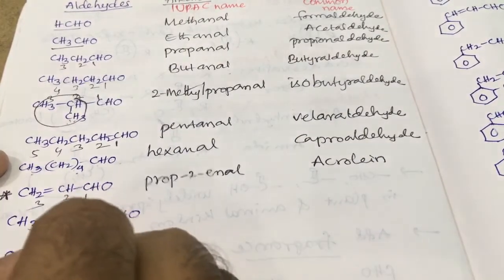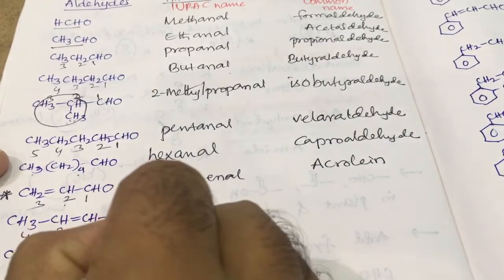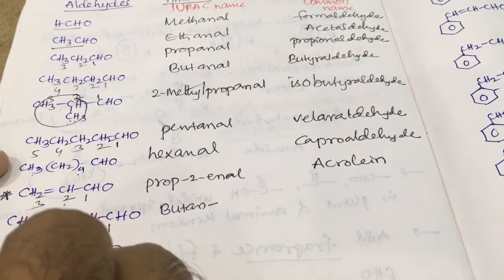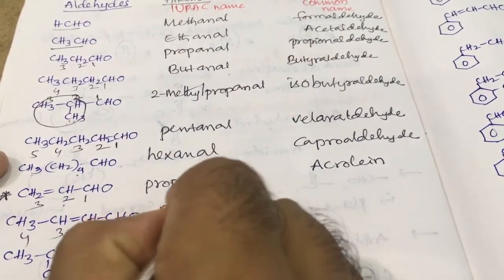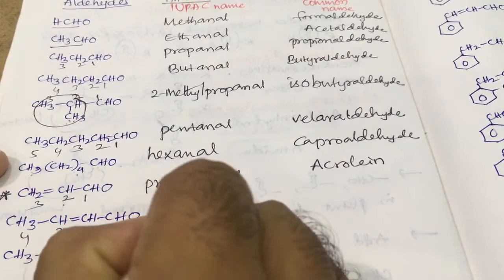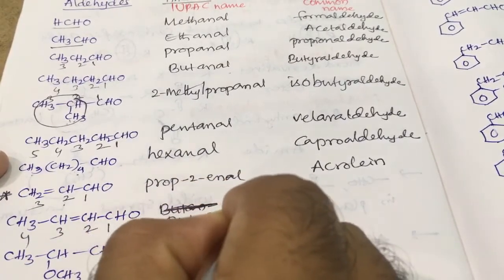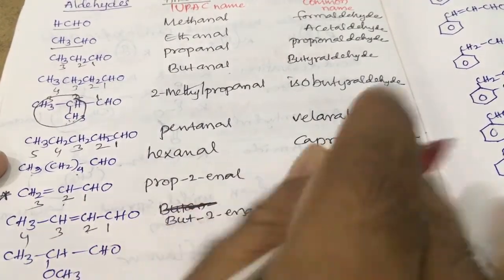Next, 1 2 3 4, like this only, butane. Remove e, it means but. Second position, ene is there. But, second position, 2, ene. Ene means ene. Remove e and add al. But-2-enal.